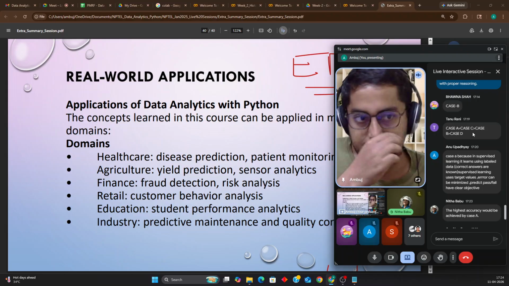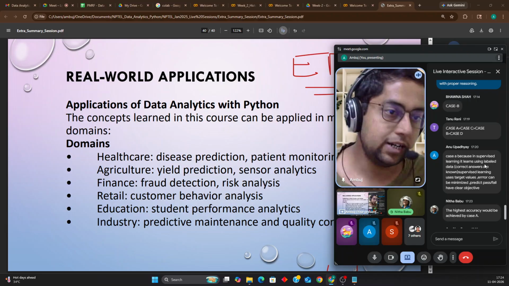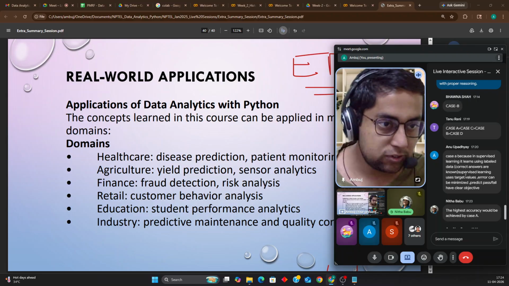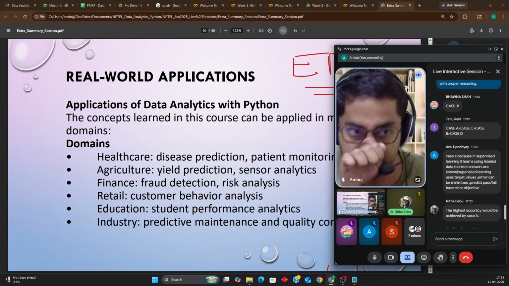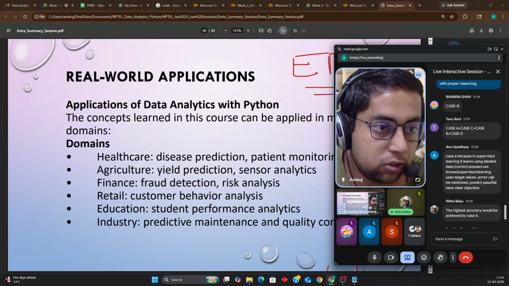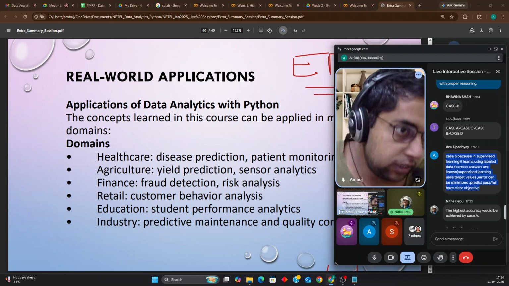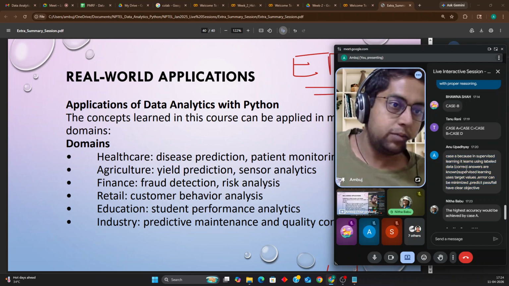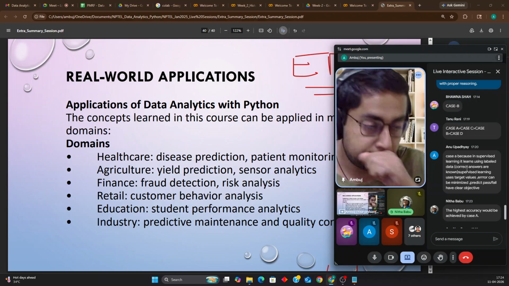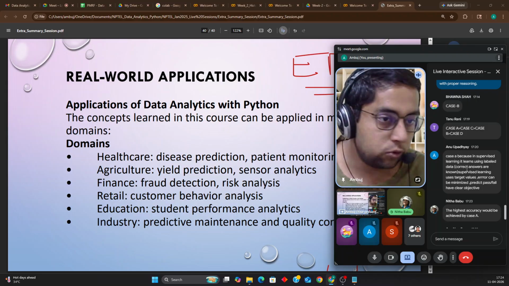Anu Upadhyay has written case A because supervised learning uses labeled data. Correct answers are known. Supervised learning uses target values, error can be minimized, and predicting pass or fail has a clear objective. Good, you are partially correct. You have mentioned the correct case, but there is no order.